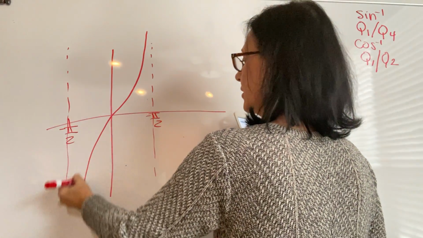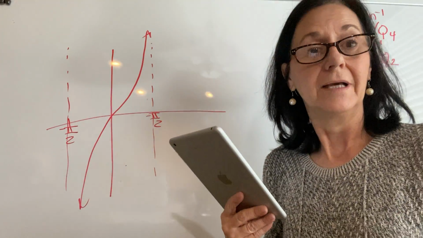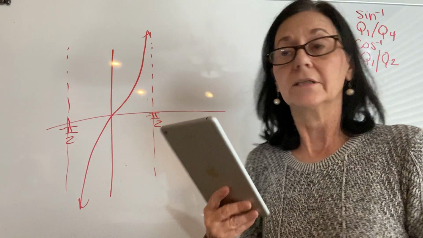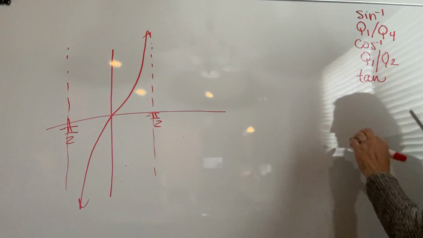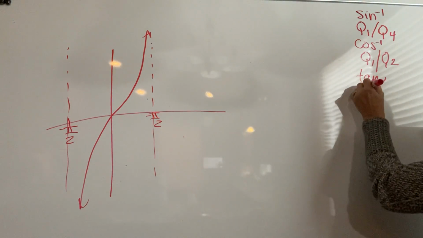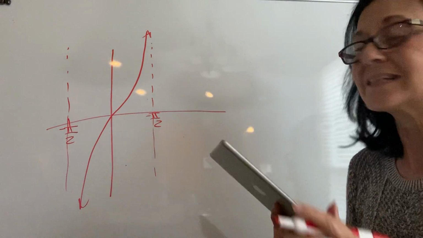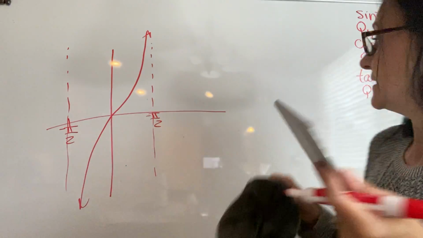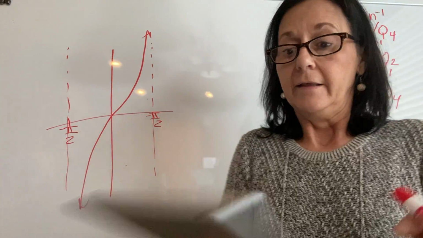And the tangent curve looks like this. It passes the horizontal line test. So for the tangent, I'm going to limit my inverse tan to quadrants 1 and 4, exactly like the sine. The tangent and the sine go together, quadrants 1 and 4.